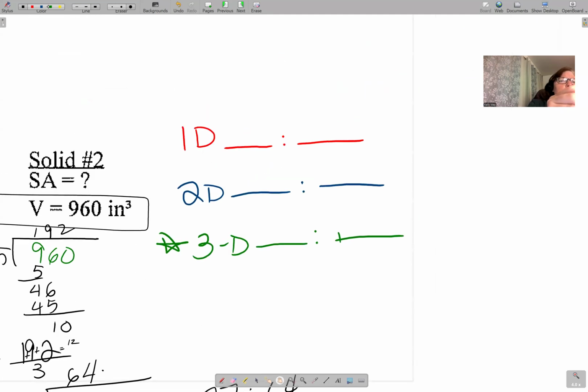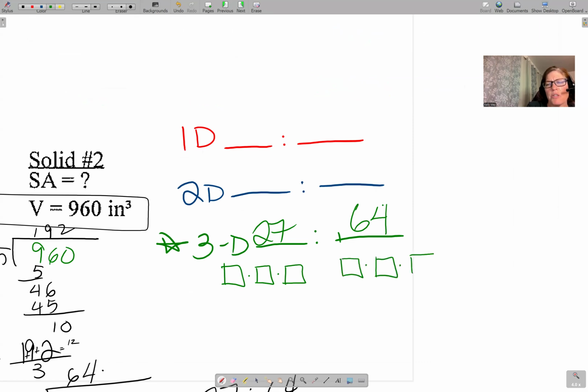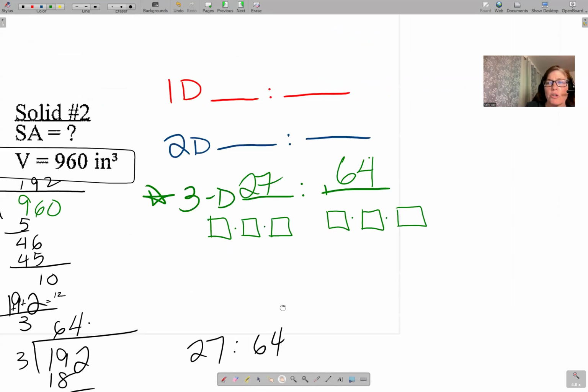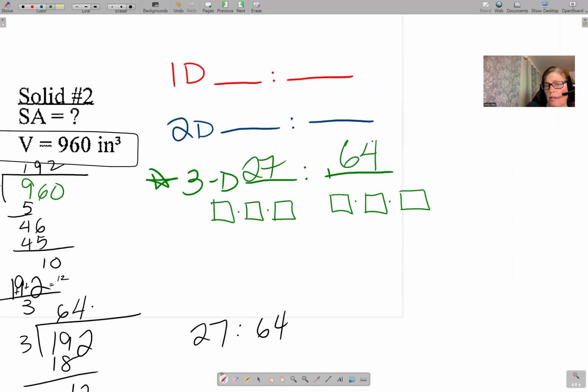And that means 27 to 64. Now I have to find what number times itself 3 times is 27. What number times itself 3 times is 64? That's why it's good to memorize your cubes at least 1 through 10.